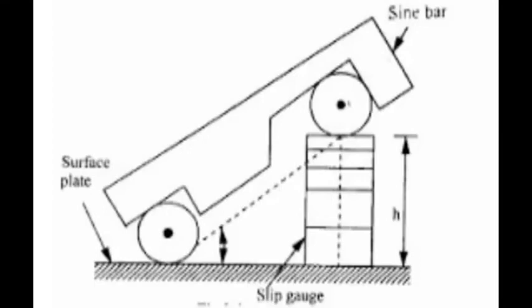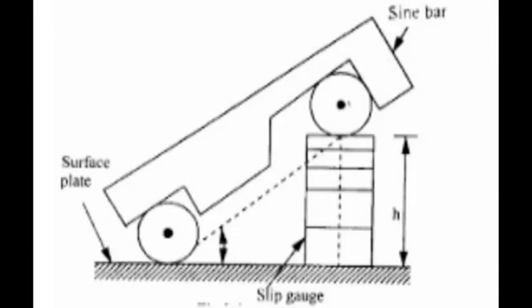The principle of operation of the sine bar is based on trigonometry. A combination of slip gauges is inserted under the second roller. Then sine theta equals h by L, that is, theta equals sine inverse of h by L. For this reason the device is called a sine bar.